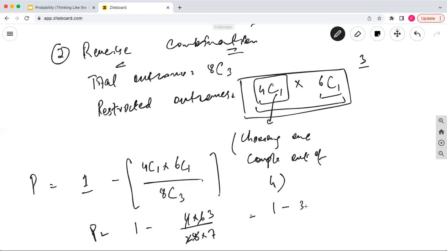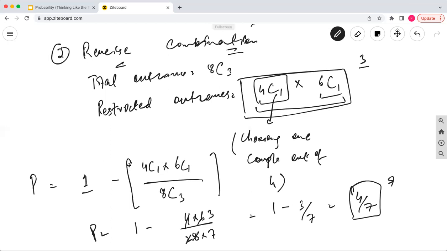This will be 1 minus 3 by 7, which is 4 by 7. Right? So I even got the answer by the second method, in which I select one whole couple out of 4, the couple is already selected, and for the rest I have 6 options to choose one person. So I just multiply those, you get the restricted case, and subtract it from 1, so that the required probability is 4 by 7.